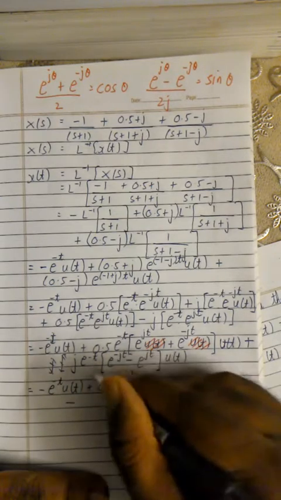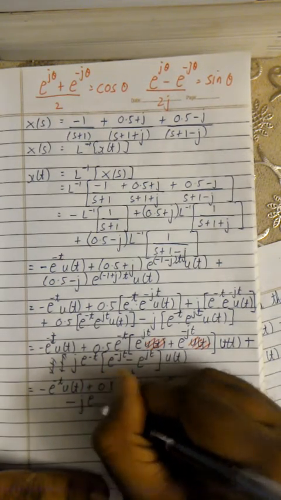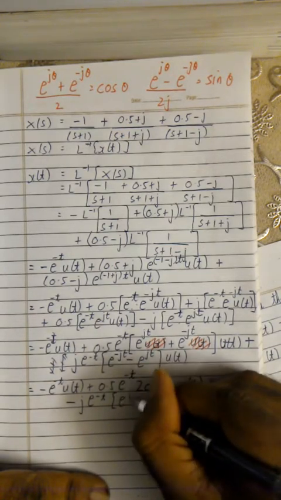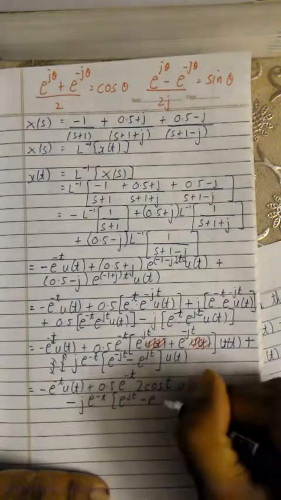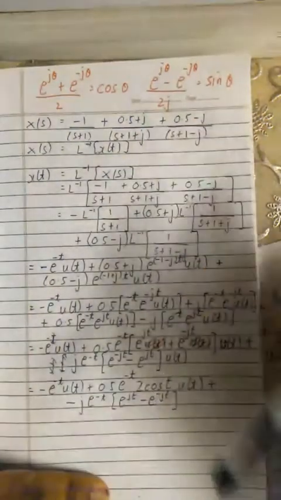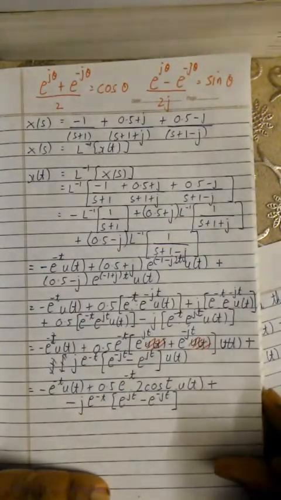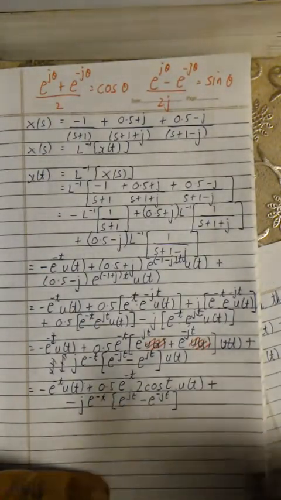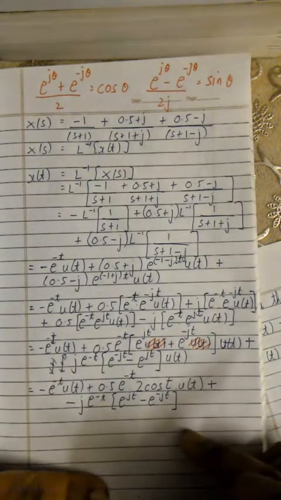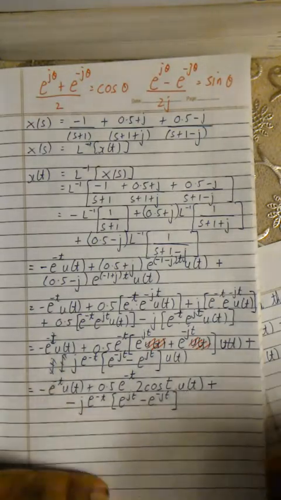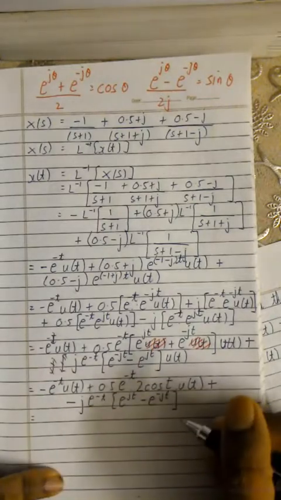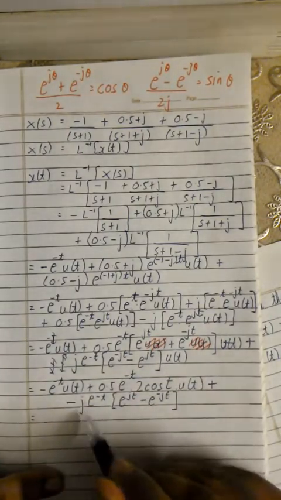It will be minus j e^(-t) into e^(jt) minus e^(-jt). Now this equation becomes in this format. And here is a j over here also, so I can remove that: I multiply numerator and denominator with 2j.